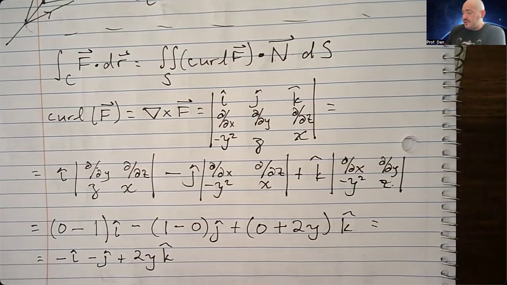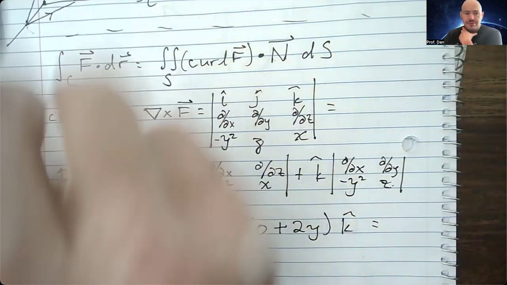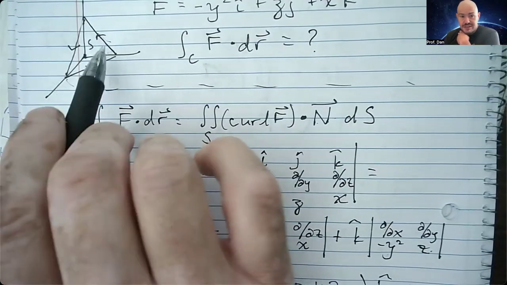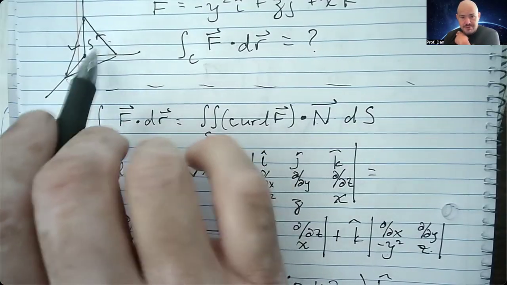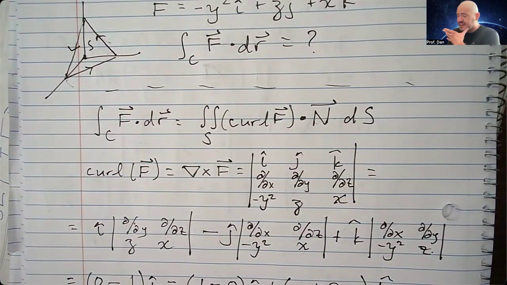So now that I know the curl, I just need to figure out what my normal vector is. If we look at, say, the outward normal vector, think of it popping out of the surface at a 90-degree angle to the surface. We can get our normal vector n the same way we did for flux integrals.